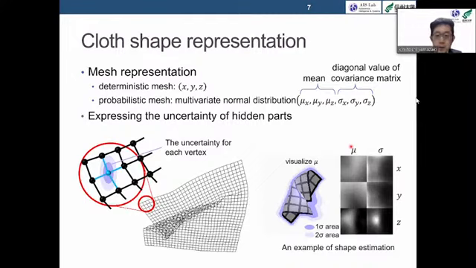However, there will be some areas where the results of shape estimation are not reliable. In the case of a deformable object, one challenge is that the shape in an occlusion area is unknown. Therefore, a probabilistic representation consisting of a mean and a variance is also introduced in the intermediate process of shape estimation. The below right is an example of adding uncertainty to the shape.